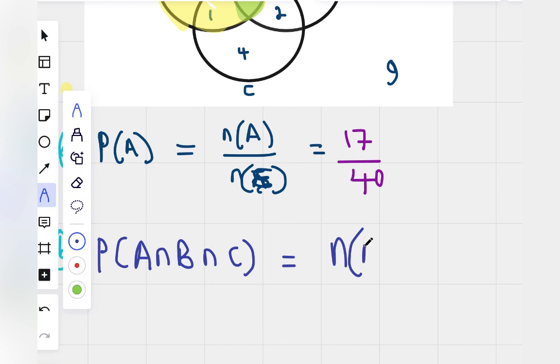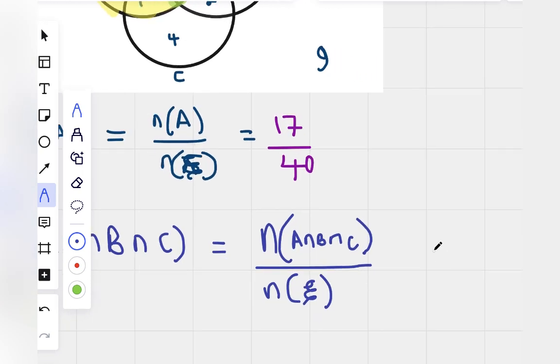That means the number of elements in A intersect B intersect C, over the total number of elements in the whole universal set. Remember universal set, I write it like this.